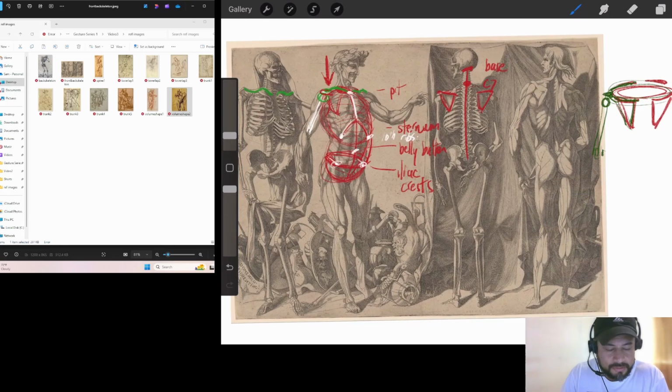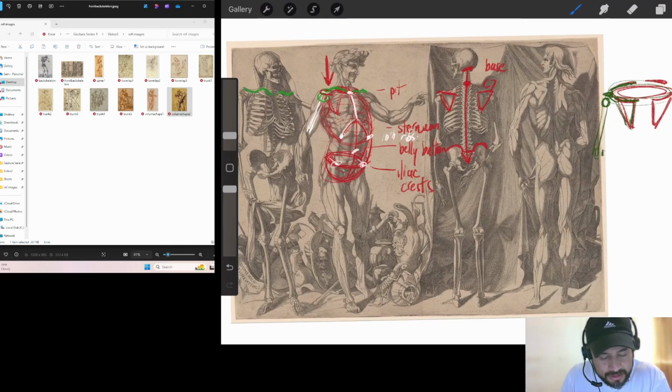Okay, to continue on the back landmarks, we've gone down the spine, the scapulars. We've got the sacrum here, which sits in between these crests of the pelvis.